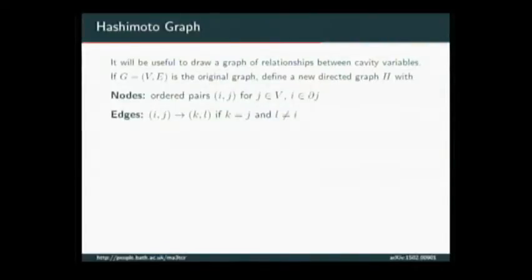So I start with some graph, and then I make a new one whose nodes are ordered pairs of edges from the previous one, and whose edges join two ordered pairs if you can do a walk in that direction.